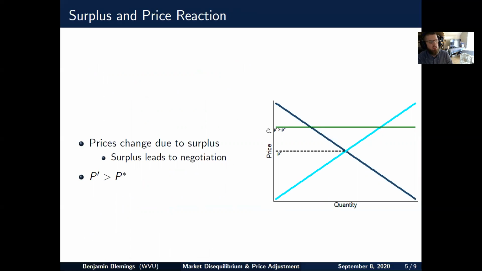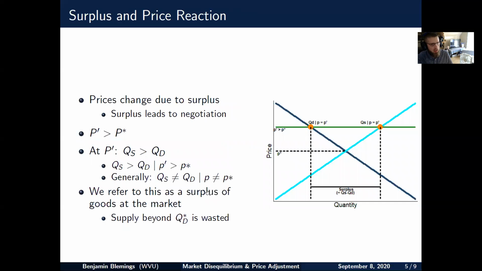And so in that instance, we have this P prime, the original jail sentences being offered, being greater than P star, the equilibrium price. And in general, if this P prime is greater than P star, the quantity supplied, this orange point, will be greater than the quantity demanded, because P prime is greater than P star. And in general, quantity supplied will not equal quantity demanded if P is not equal to that equilibrium price.